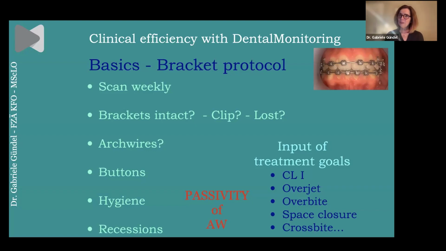An arch wire is passive if in a time of 1 week, for example, there is no tooth movement anymore. You cannot see this with your eyes. You cannot measure this without AI. So dental monitoring helps us to detect if the arch wire is passive. And this is the reason why I now put really every single patient with brackets into the dental monitoring.